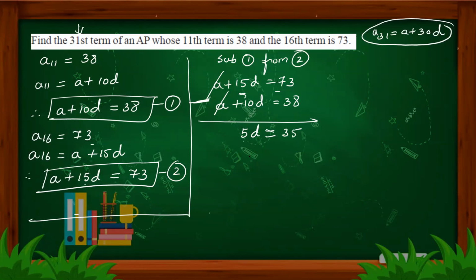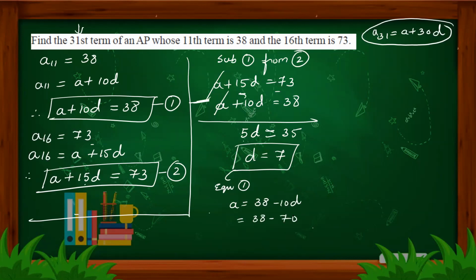Okay, so D is going to be 7. So we have D. Substituting this D in equation 1, A is equal to 38 minus 10D. So 38 minus 70, D into this is 70, so A is minus 32, right? So A comes out to be minus 32.